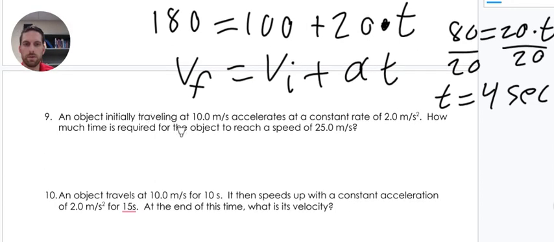All right, for this one, we're going to solve it the other way. We have this initial speed 10. We have a constant acceleration a. We have this final speed. Okay, we're going to solve it the symbolic way.